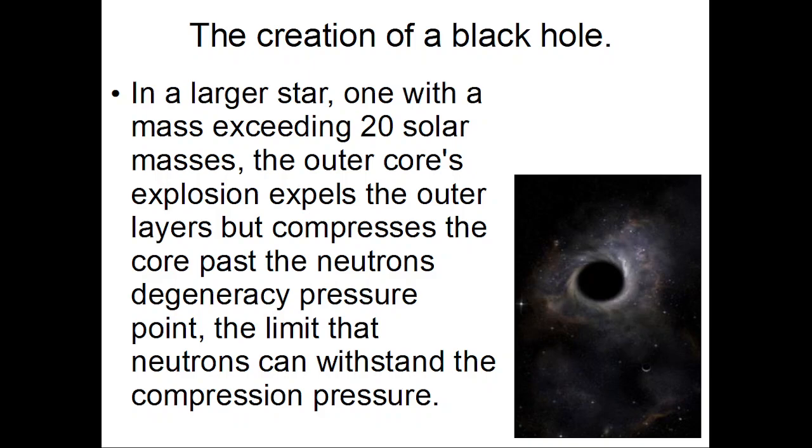Note, the mass of the entire core is being compressed. In other words, a supernova core with a minimum mass of 3 to 4 solar masses forms a black hole that has the same mass as the star's core that went supernova.